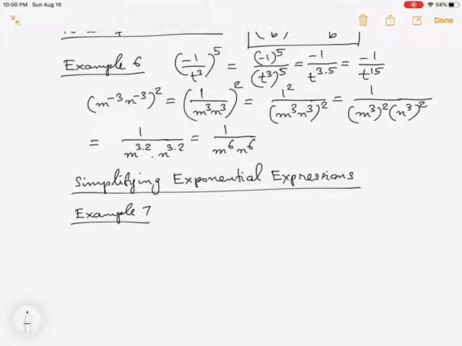For example, minus 2a to the power 4 b to the power minus 3, times a to the power minus 2 b to the power 3.